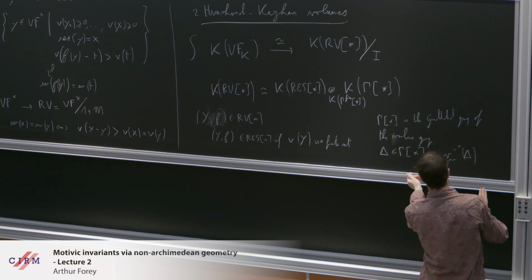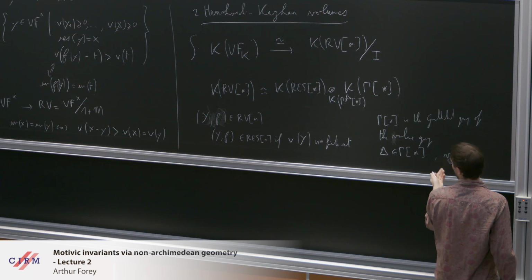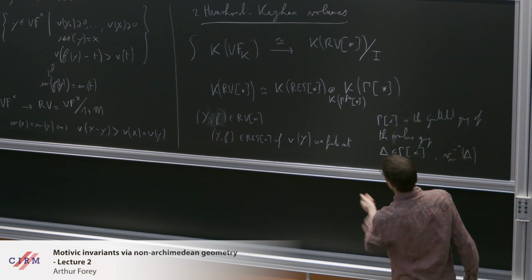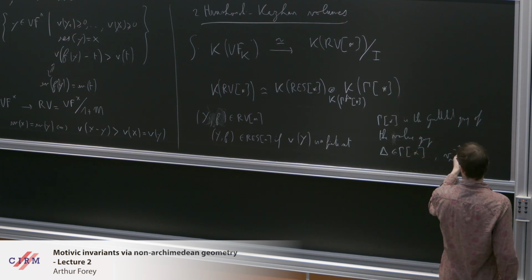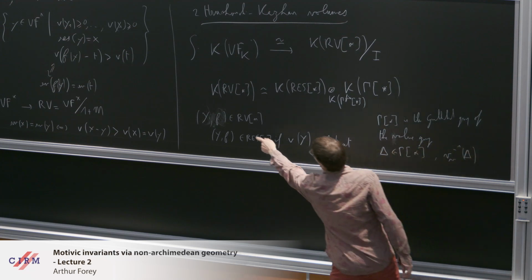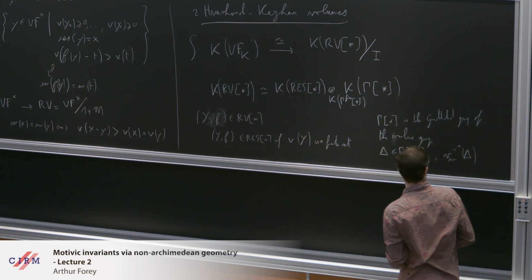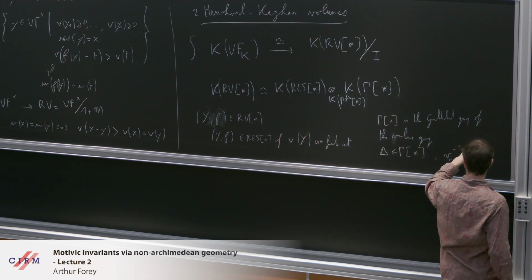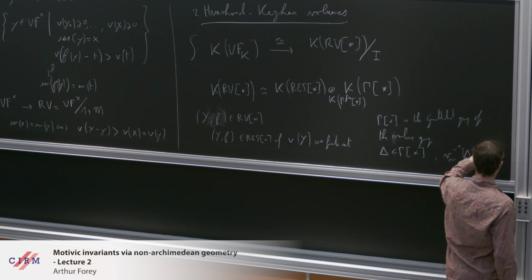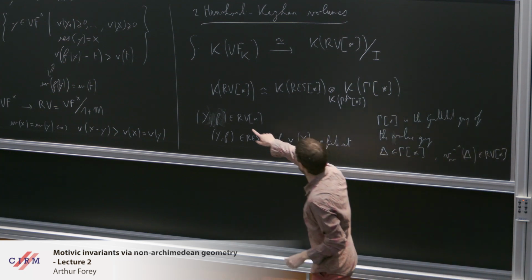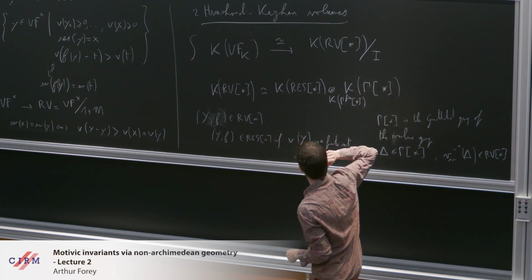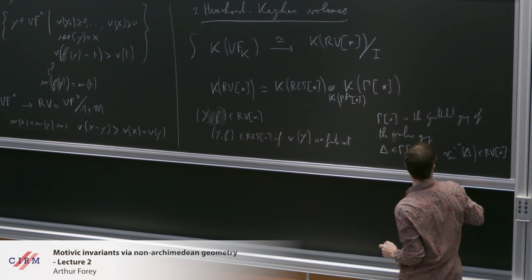Again it's component-wise, and that gives you something in RV, a class in the Grothendieck group of RV. The map in this situation will always be given by inclusion.